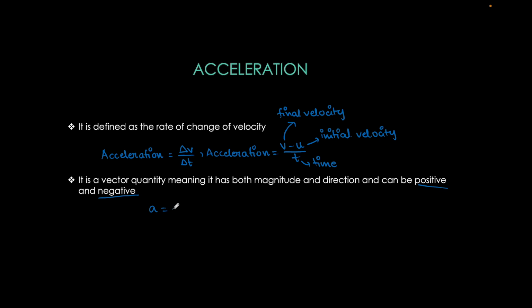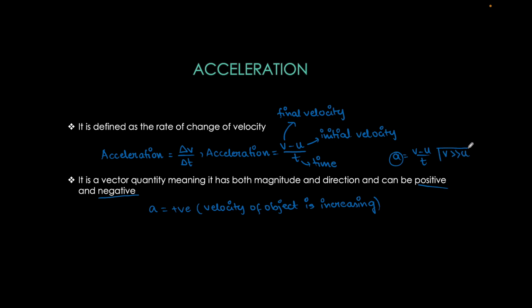So if the acceleration is positive, always remember that the velocity of the object is increasing. See, if acceleration is positive, meaning if this quantity a equals (v minus u) by t is positive, this entire quantity needs to be positive as well, which simply means that v should be greater than u.